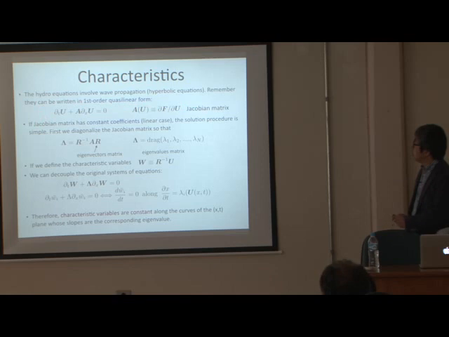If the Jacobian matrix has constant coefficients, which means the linear case, the solution is simple. First we diagonalize the Jacobian matrix, using the eigenvector matrix, and then the eigenvalue matrix is obtained, which includes all the lambda information.